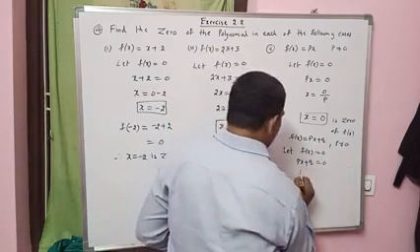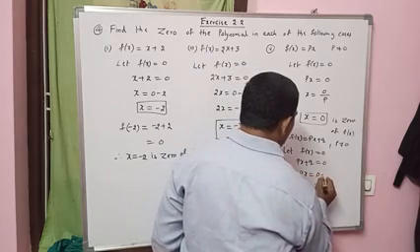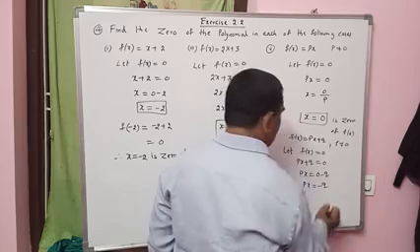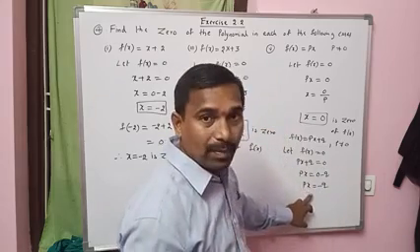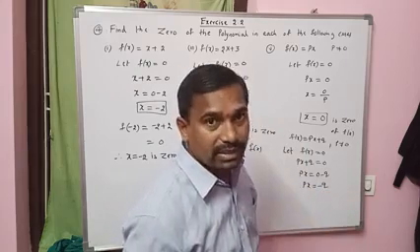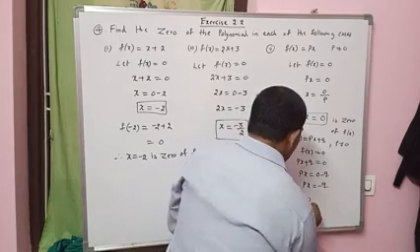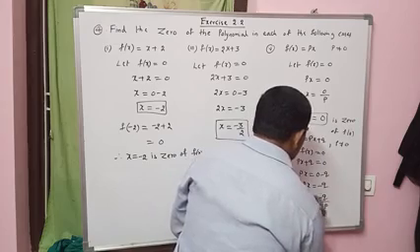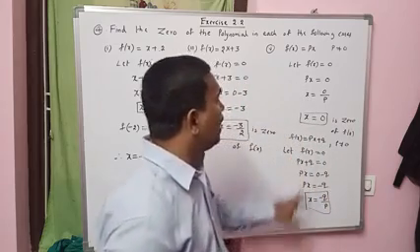That is px equal to 0 minus q, so px equal to minus q. Now p is multiplying, p into x. Transpose p also to the right side. That is x equal to minus q by p. So this is the zero of the polynomial.